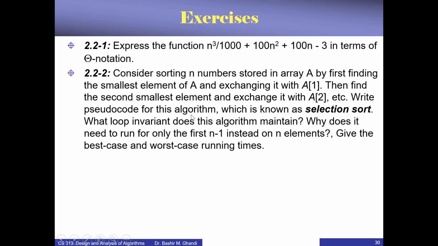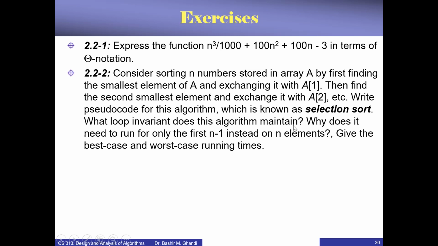Write pseudocode for this algorithm, which is known as selection sort. So this is part 1. Second part, what loop invariant does this algorithm maintain? So it's asking you to identify the loop invariant that can be used to prove the correctness of selection sort.